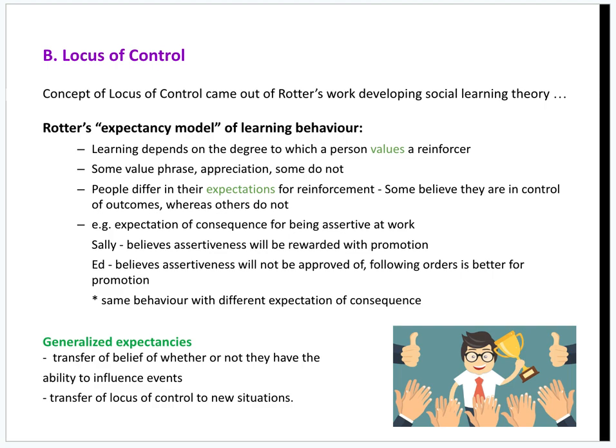So the concept of locus of control came out of Rotter's work developing social learning theory. That's where it came from. So Rotter was first working on learning theory, and what he found is this expectancy model of learning behavior. So if you're looking at how people learn things, what he discovered is that learning depends on the degree to which a person values a reinforcer, right? So if you're studying, if you really value grades and you want to get an A, you get an A. That's a big reinforcer.